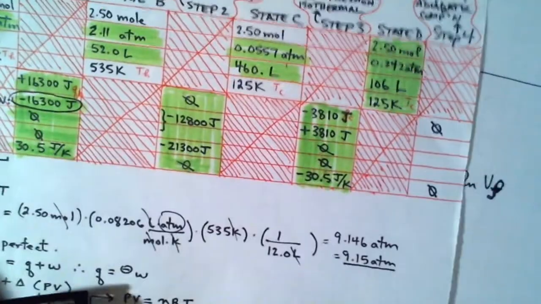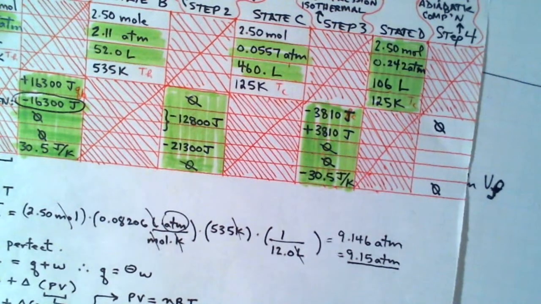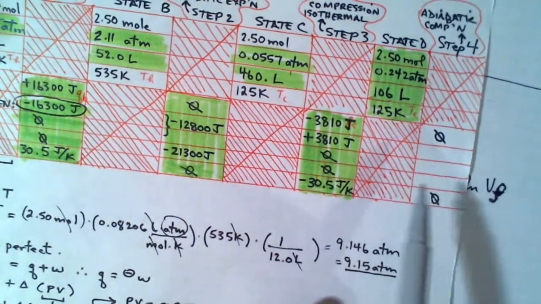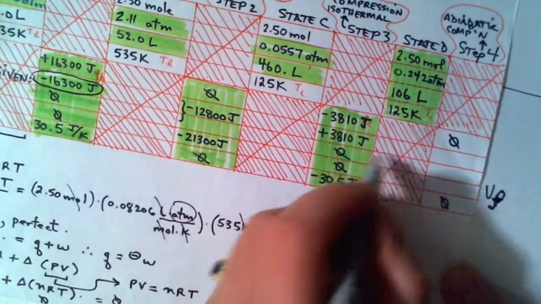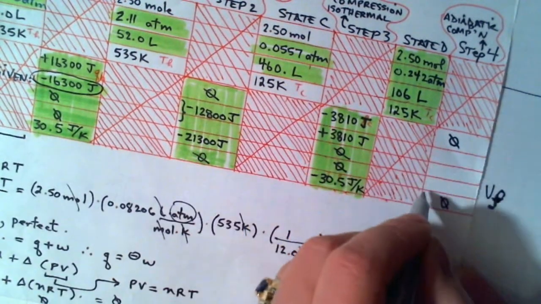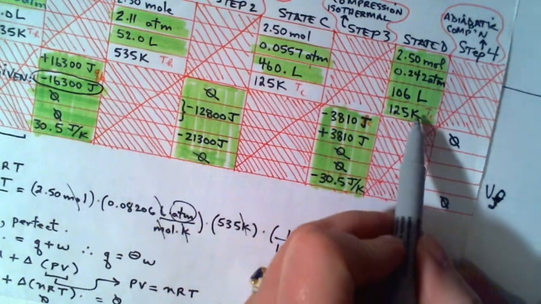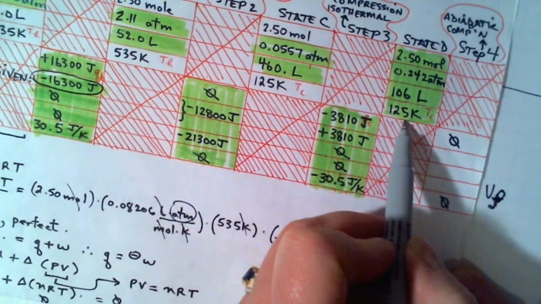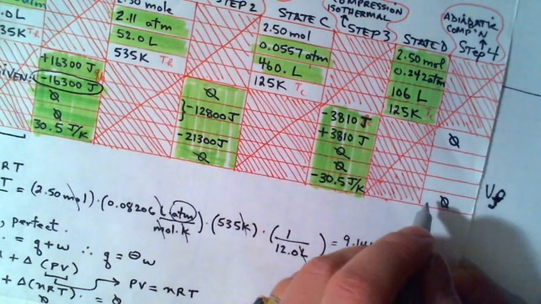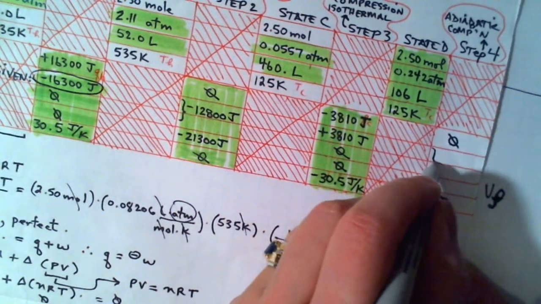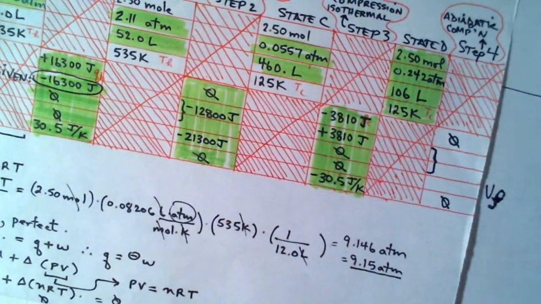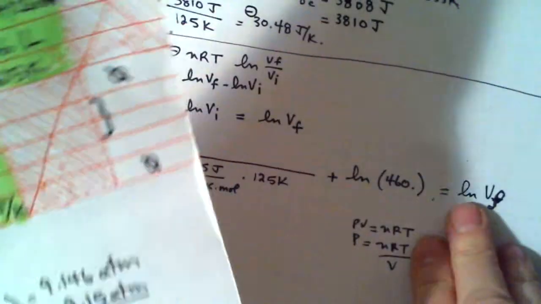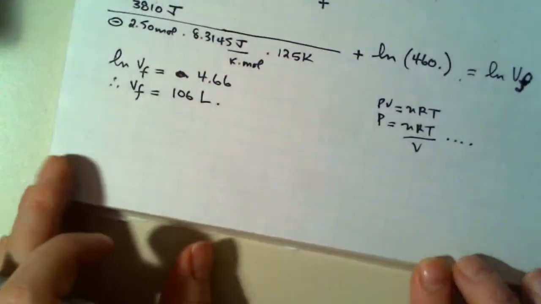Okay, we're almost at the end. We just need that delta T, but we have it because it's a compression going from 125 up to 535. We know that work and delta U are the same, and so let's find out what that is. I can squeeze that on here.